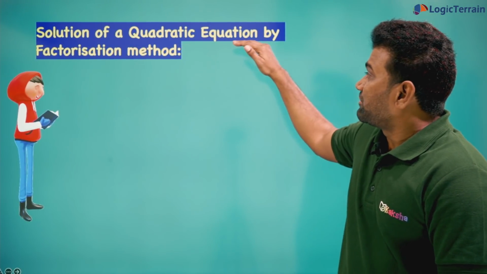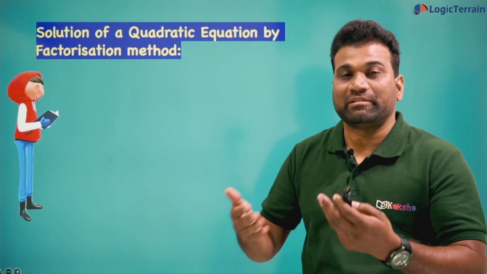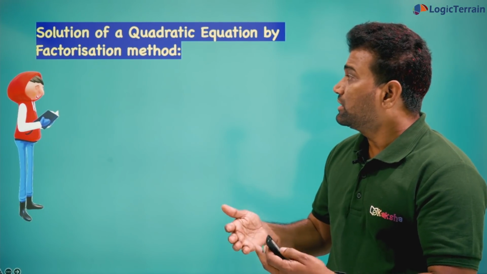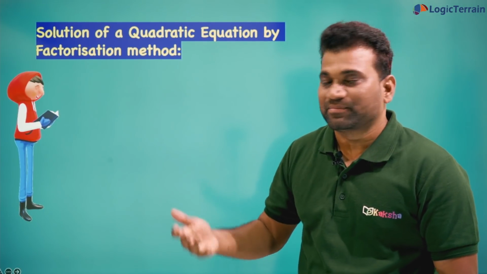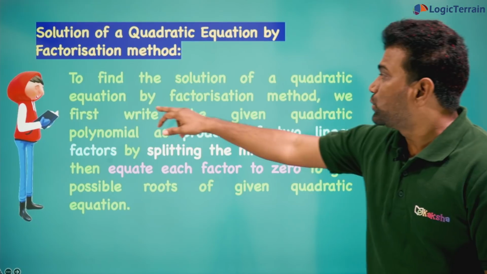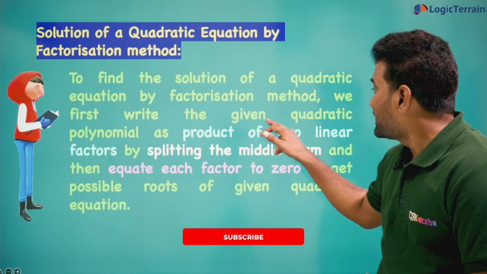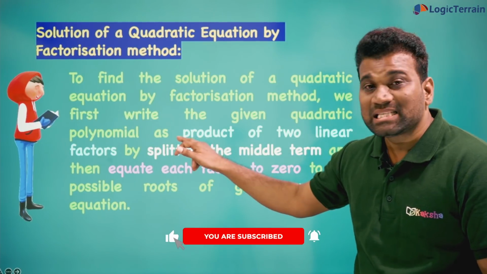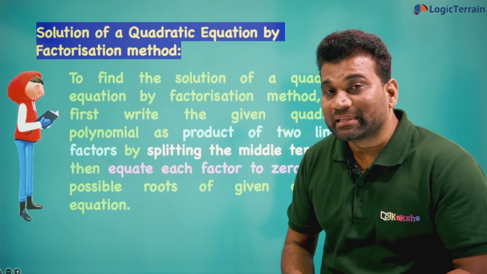Next, solution of a quadratic equation by factorization method. So what exactly do we do? How will we find the solution of a quadratic equation by factorization method? Let us see. To find the solution of a quadratic equation by factorization method, we first write the given quadratic polynomial as a product of 2 linear factors. How will we write?